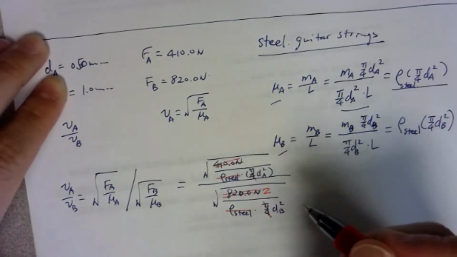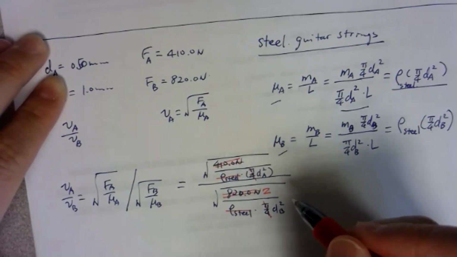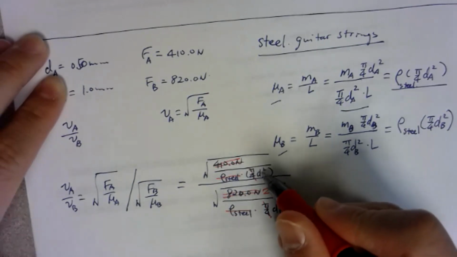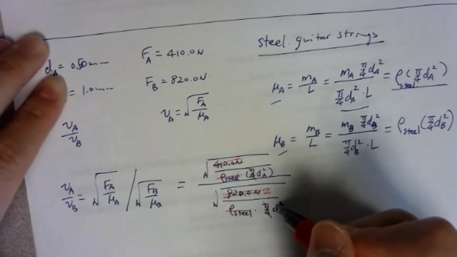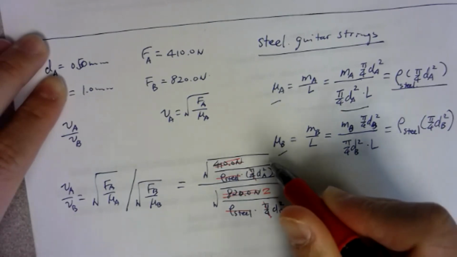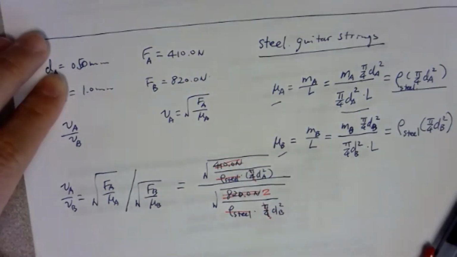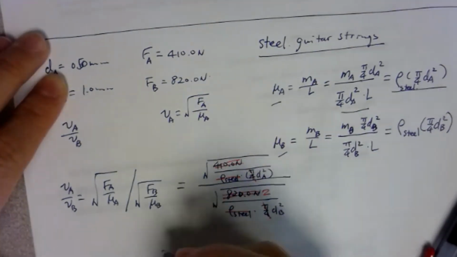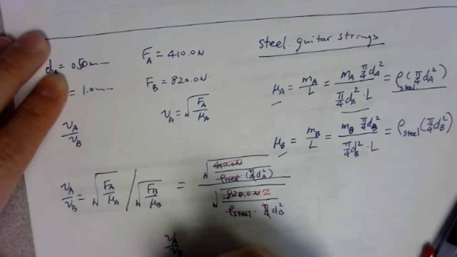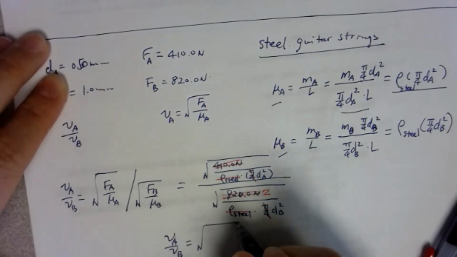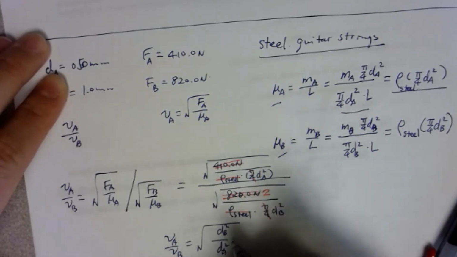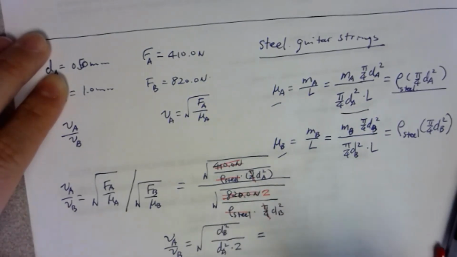Okay. So now dA squared is in the denominator on top, and dB squared is under the denominator at the bottom, so this should flip up, okay? So it should give you now VA over VB equals the square root of dB squared over dA squared, and the 2 is down here, so 2 there, okay?